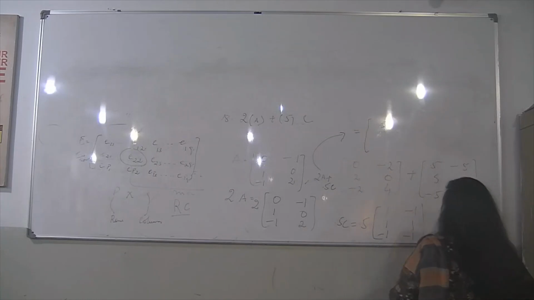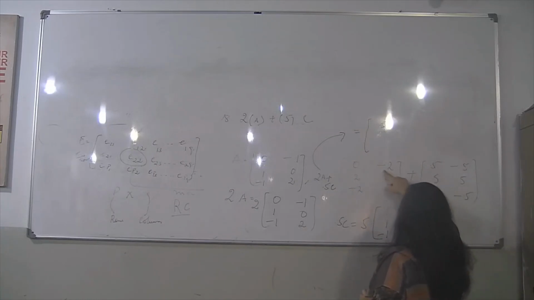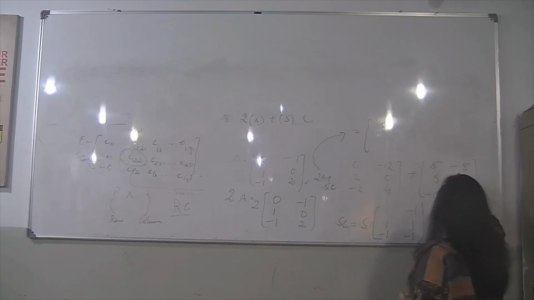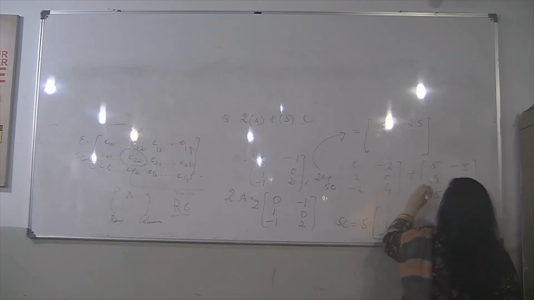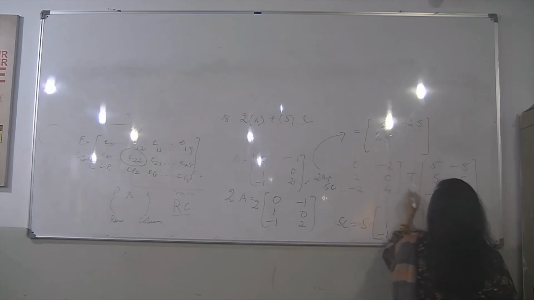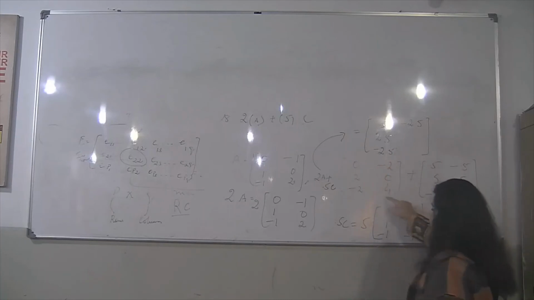Then for -2 plus -0.5, this is going to be -2.5. Then we have 2 plus 0.5 is 2.5. -2 minus 0.5 is -2.5, because this is addition.